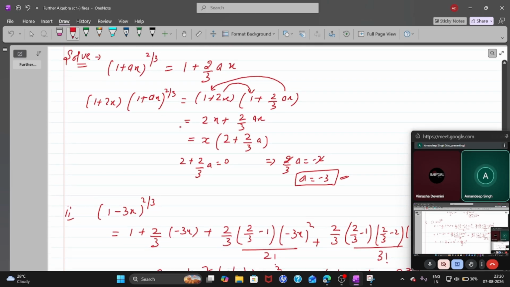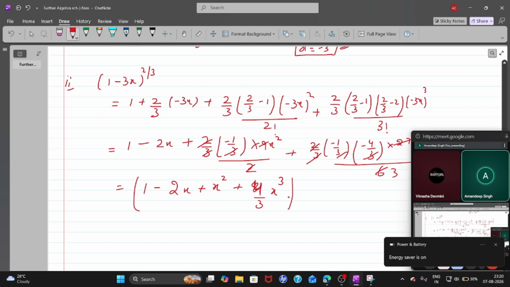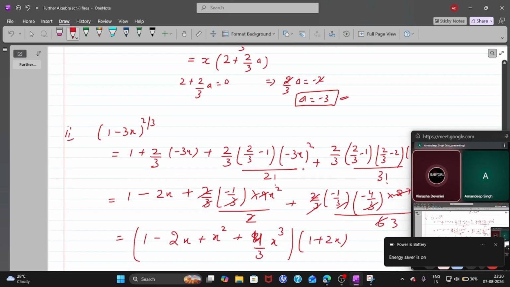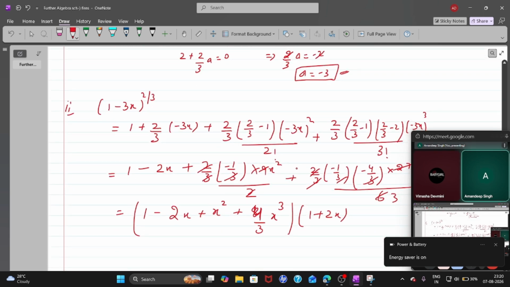So that's how we have to expand it. But one more term was left. That was 1 plus 2x. So if we multiply it by 1 plus 2x, isn't it 20 over 3 x cube? 20 over 3 x cube, final answer.